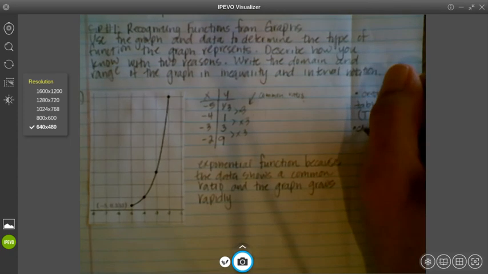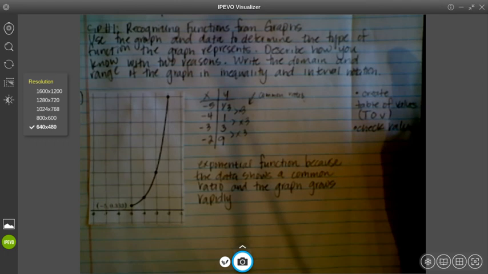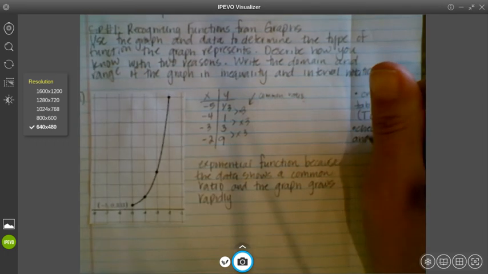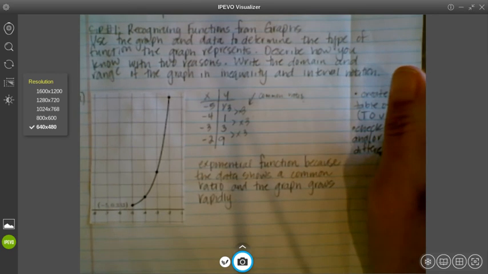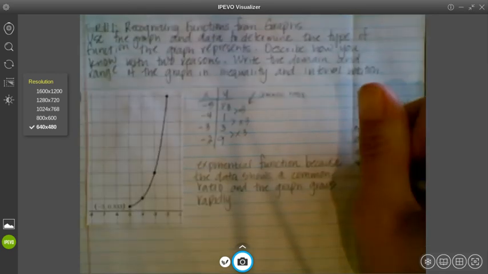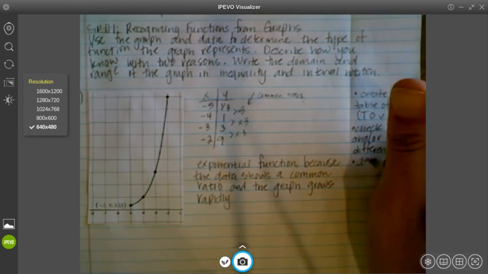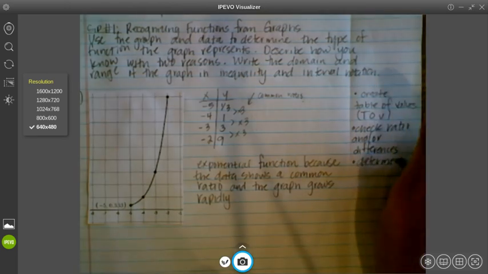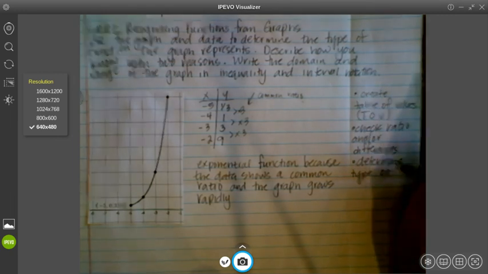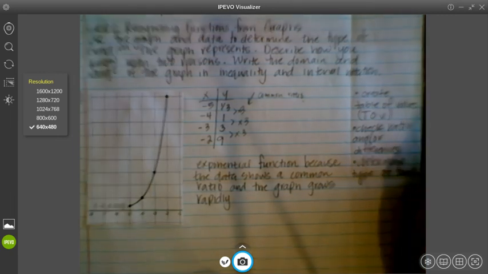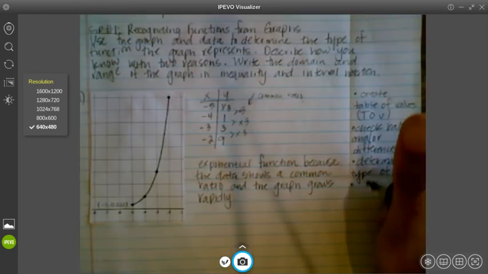We want to check for the ratio and/or differences. Depending on what type of function we have, we'll determine what we find. And from there, we can determine the type of function. Abbreviate that.